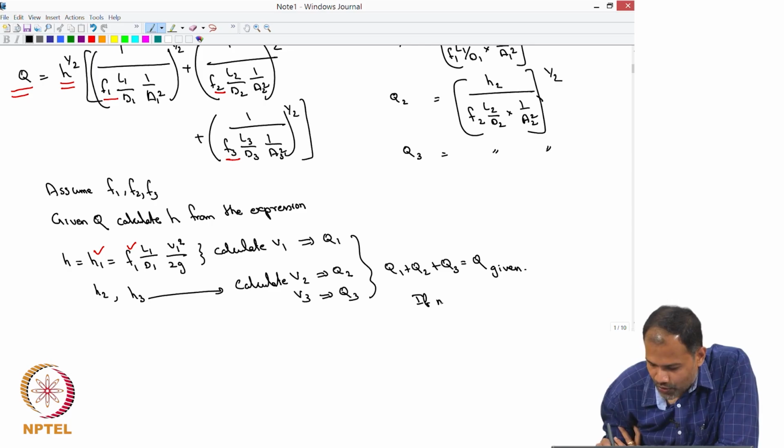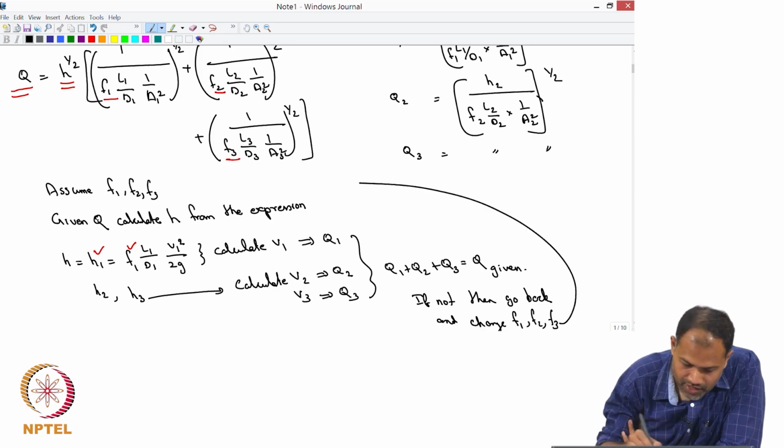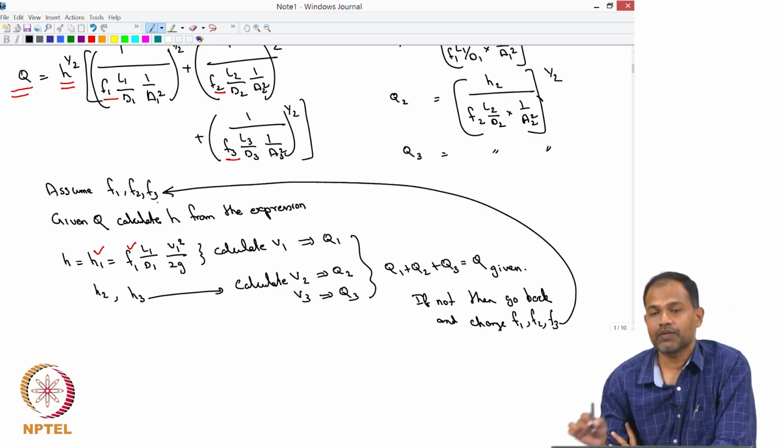If not, then go back and change F1, F2, F3 there and repeat the procedure.